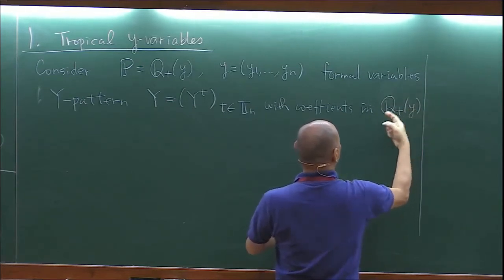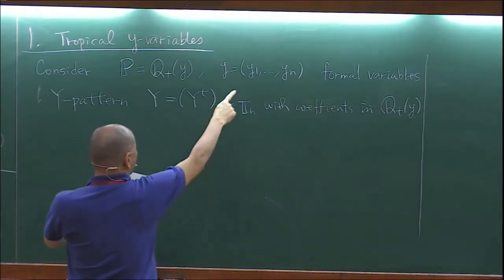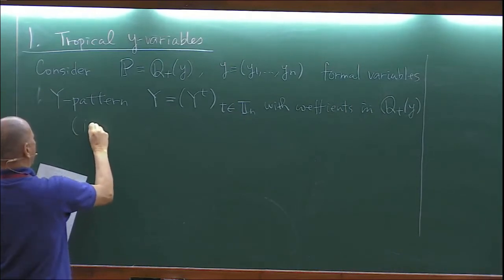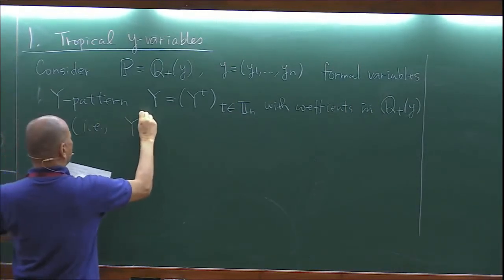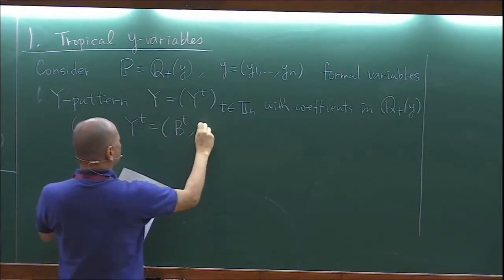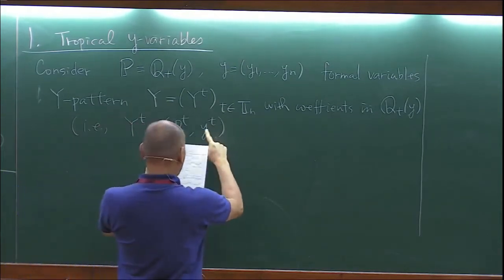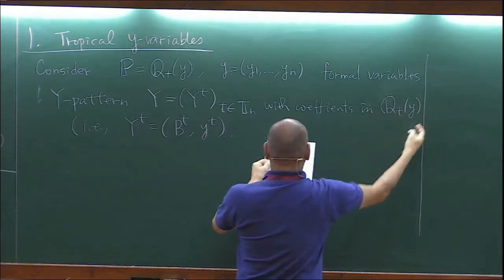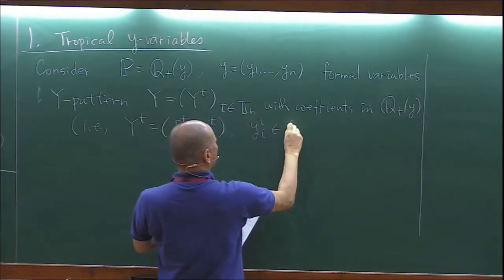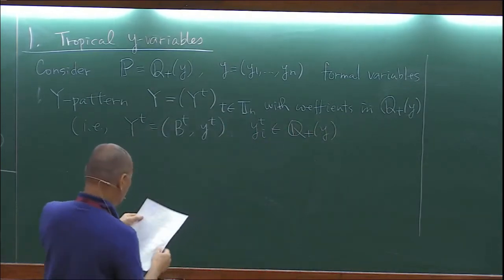So everything is a rational function of your initial y variable with a positive expression. This Y_t is actually a pair of a skew-symmetrizable matrix and a tuple of elements in this semi-field, connected by the mutation formula.